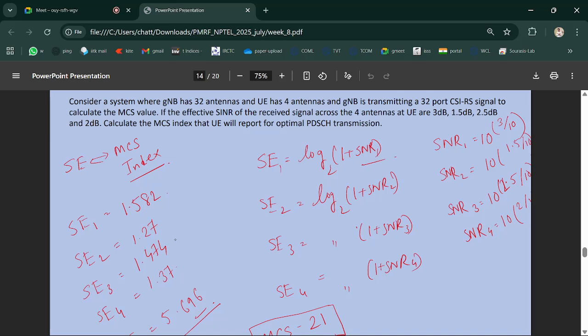Because when it comes to MCS index feedback, I remember there is one option where we can do MCS feedback over subcarrier, and another one is combined MCS, but I'm not able to connect it with multiple antennas as of now. That I will surely check, and I'll add the reasoning at the end of this week's PDF.